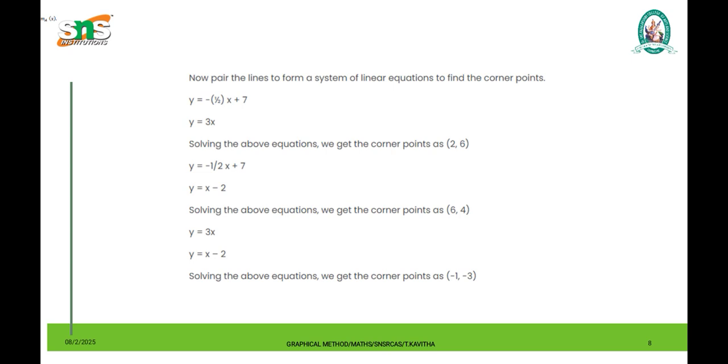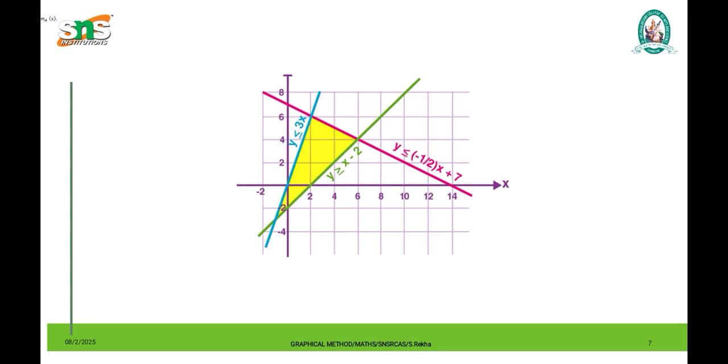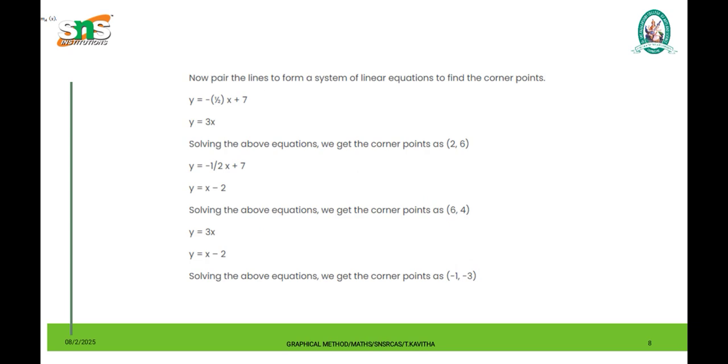After drawing the lines, we can find the feasible region. The feasible region is shaded based on the constraints, since everything is less than or equal to or greater than or equal to. The yellow region shows the infeasible region.